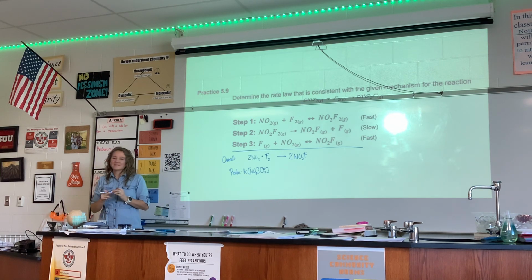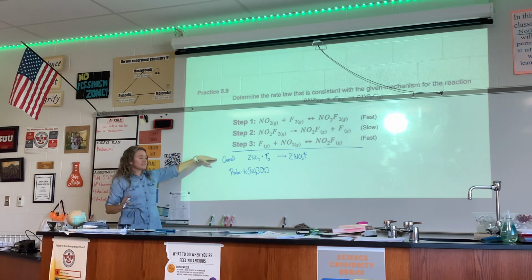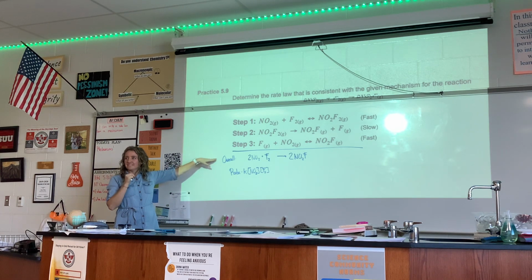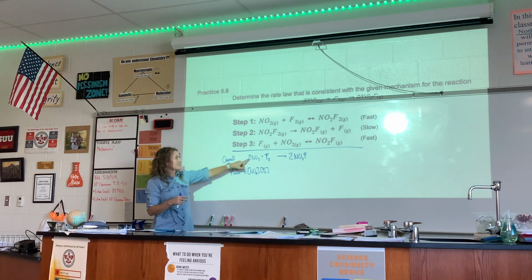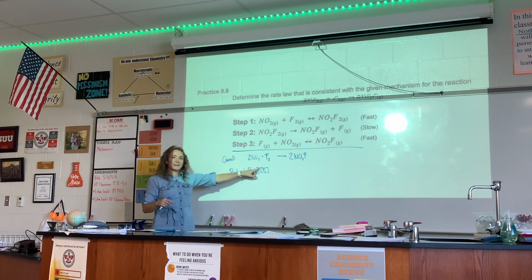I just want to re-emphasize again, this is the overall equation. This is the overall rate law. Notice the disconnect here, how there's a 2 in the overall, but there's not a 2 in the rate law. You can't look at an overall reaction and write a rate law from it.